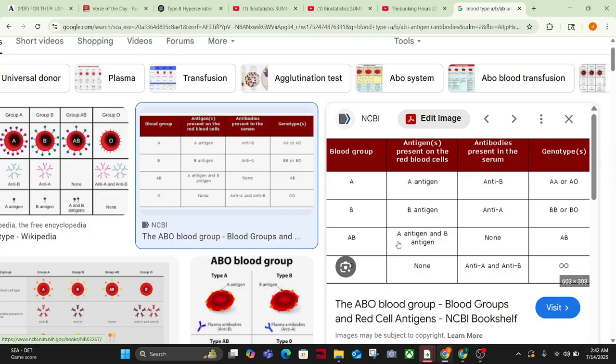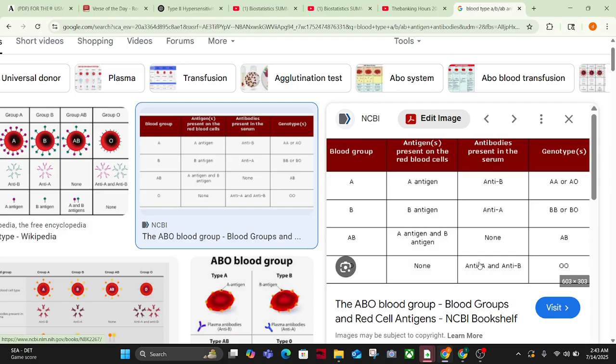So type AB blood has A and B antigen, and type O blood has A and B antibody. So of course, the same antigens cannot mix with the same antibodies. That is what will give you the hemolysis. Okay, and specifically ABO hemolysis, that is known as acute hemolytic transfusion reaction.